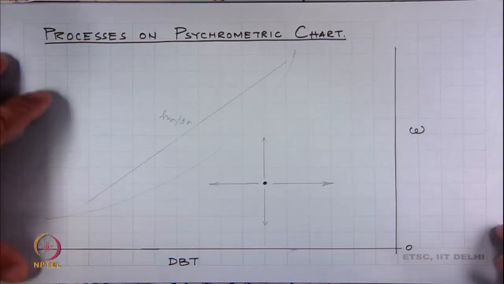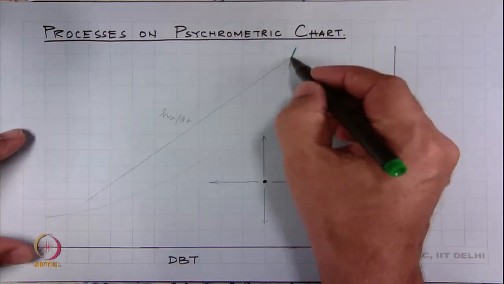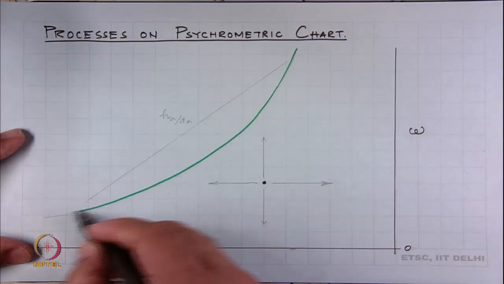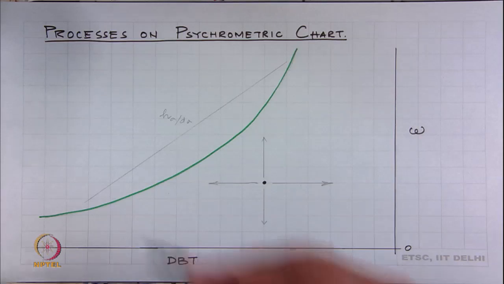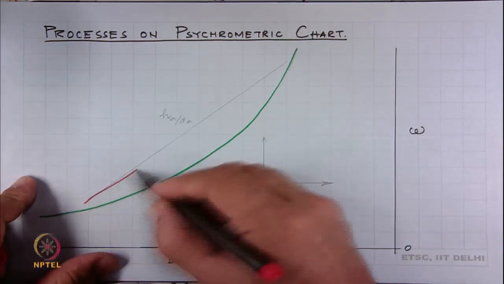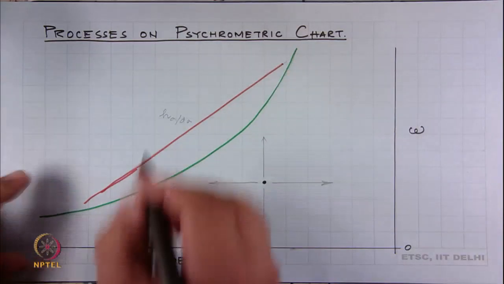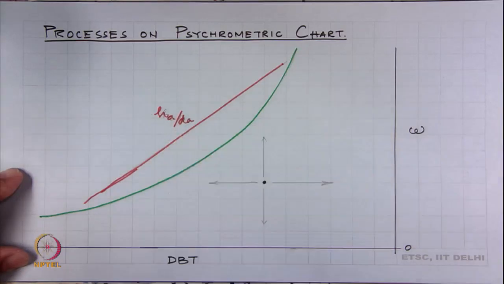So, here are the axes as before, dBT and omega, and we have made the saturation temperature line, or the 100% humidity line, over there, and we had the third axis which was the specific enthalpy line, h_a over d_a.